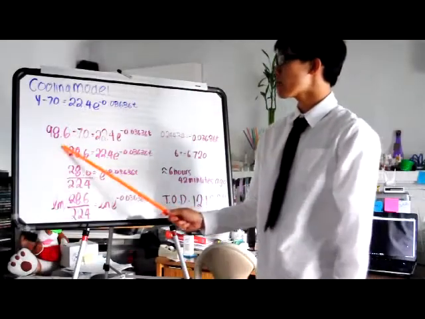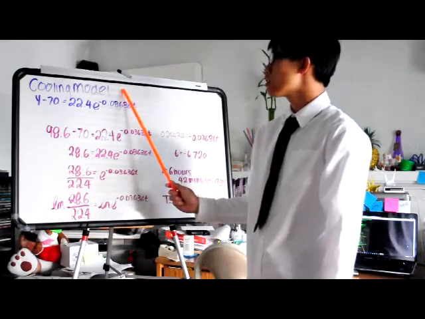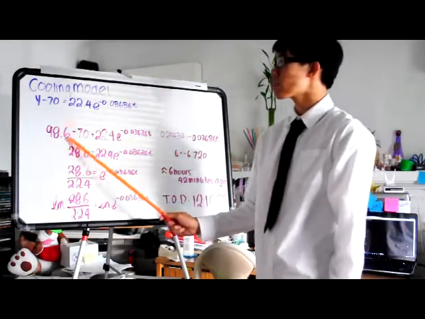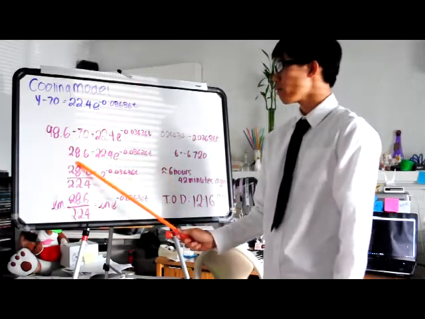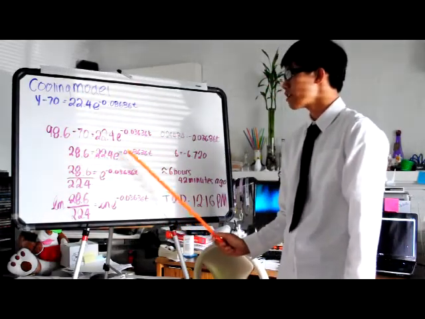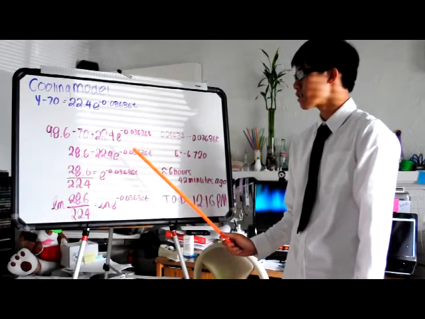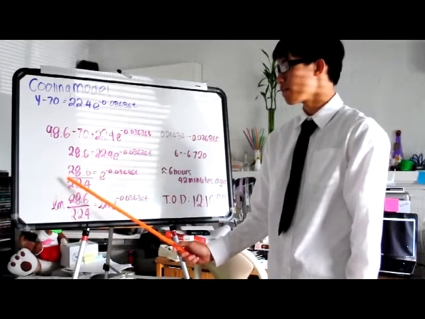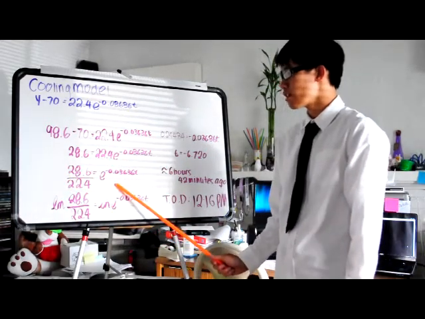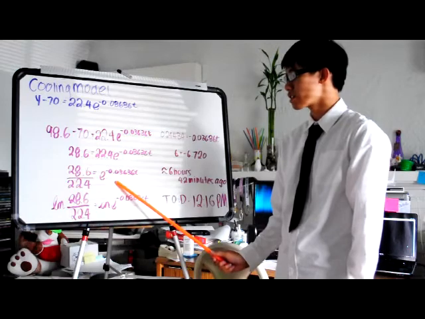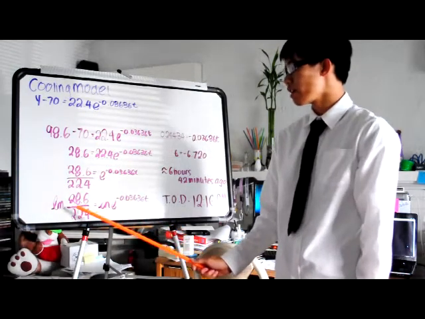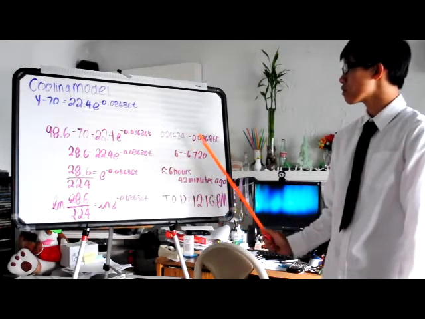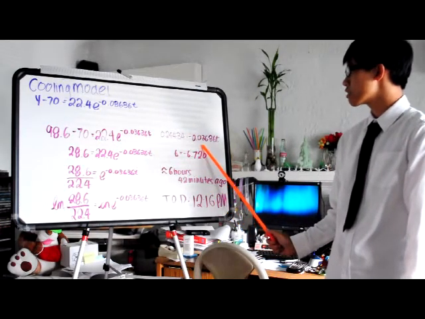Plugging in the temperature of an average human's body into the cooling model should give us t, or our PMI. So by plugging in 98.6 for y, we get 28.6 equals 22.4 e to the negative 0.03636 t. Divide both sides by 22.4, and you get 28.6 divided by 22.4 equals e to the negative 0.03636 t. ln both sides to get rid of e, and you're left with approximately 0.24434 equals negative 0.03636 t.